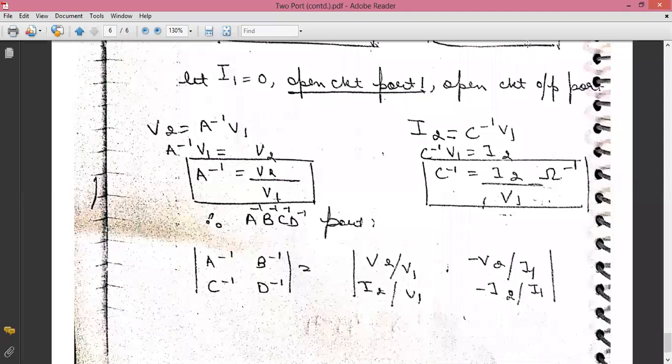So again, one thing I should tell you, it's my humble submission to all the students that I put this study material in your Google Classroom, and moreover I will also provide this study material in your WhatsApp group. You can go through this study material and try to solve these equations or these derivations in your notebook at your places, and after that you will get an idea of how these parameters can be derived.